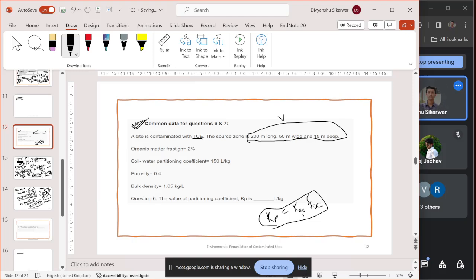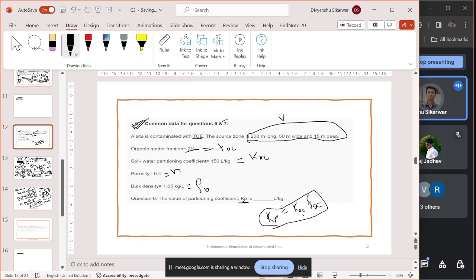The organic matter fraction is given. This is FOC. The soil-water partition coefficient is KOC. This is porosity. Bulk density is rho v, and the Kp value is asked.